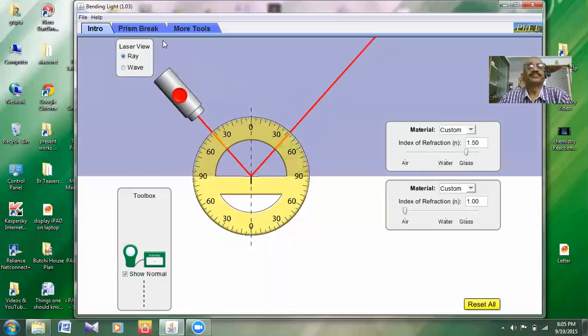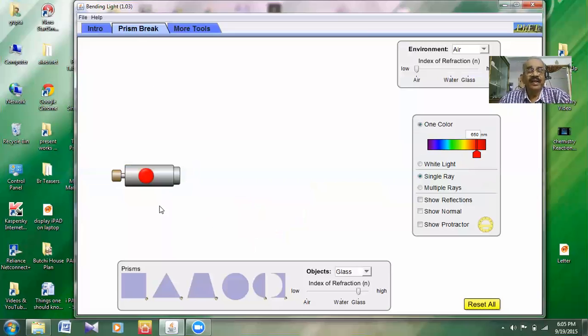Now, incidentally, the same simulation also has the prism break, where the ray goes, and here you see there are a number of prisms, so that one can find out what happens to the ray when it is going like this. And here, if it is a triangular prism, you can also see the refraction.